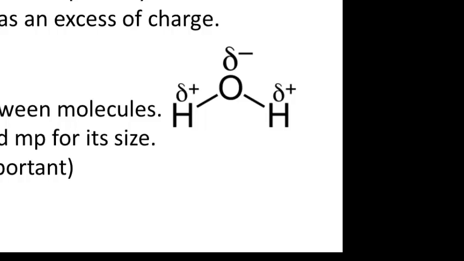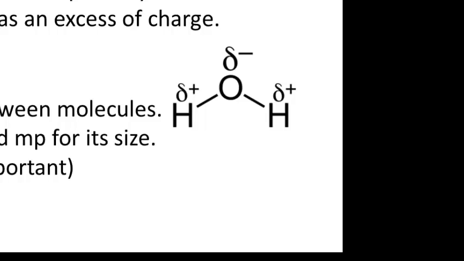We can draw water with the central oxygen being partially negative, a little delta means partially, and the two hydrogens being partially positive. Now, a consequence of this is that a water molecule actually has a separated, partially charged nature, the oxygen being partially negative and the hydrogens being partially positive.